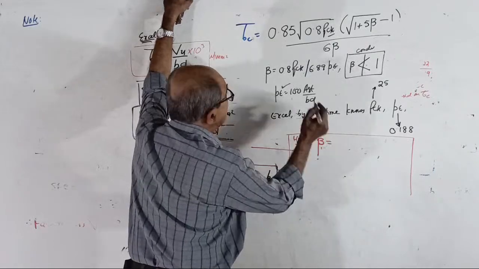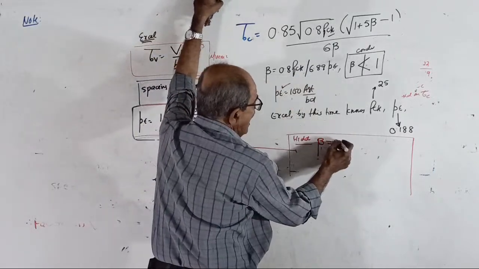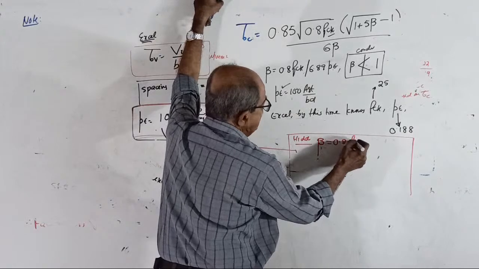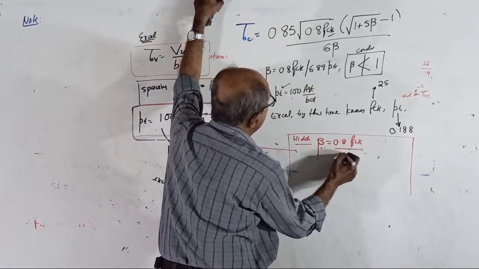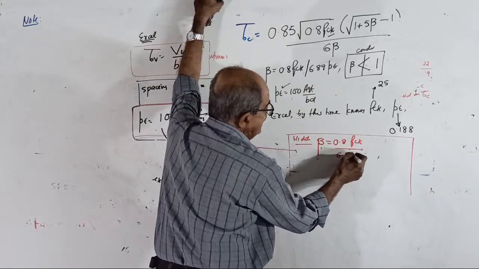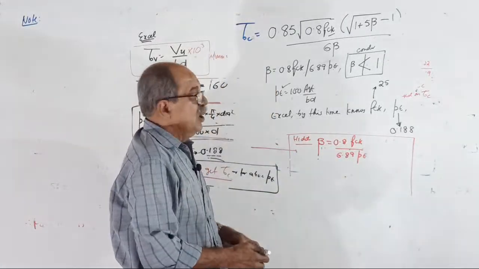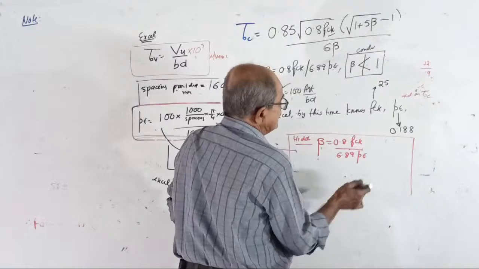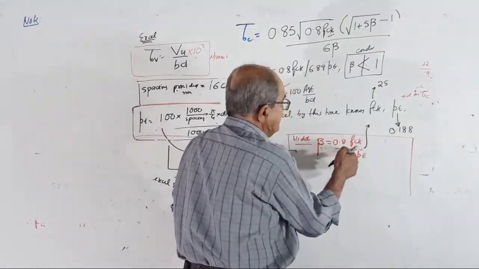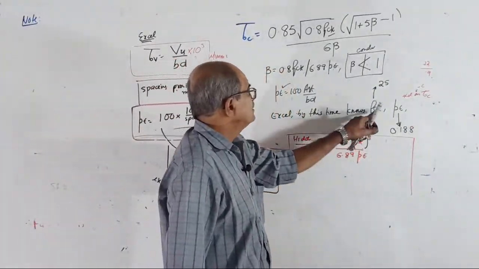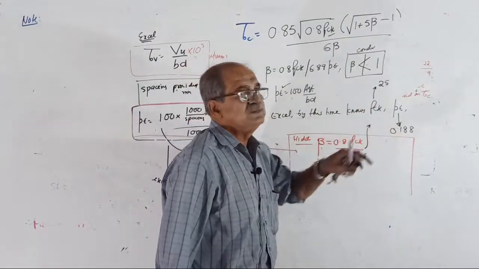You tell beta equal to 0.8 FCK divided by 6.89 PT. Clear? Tell me, how much will Excel take for this value? If you write this equation, Excel knows FCK, Excel knows PT.